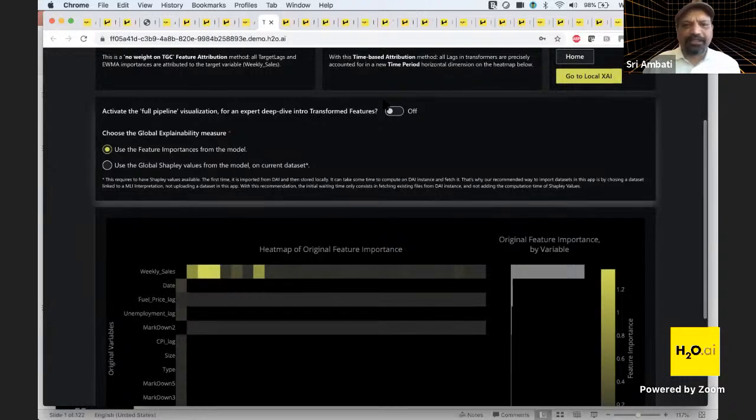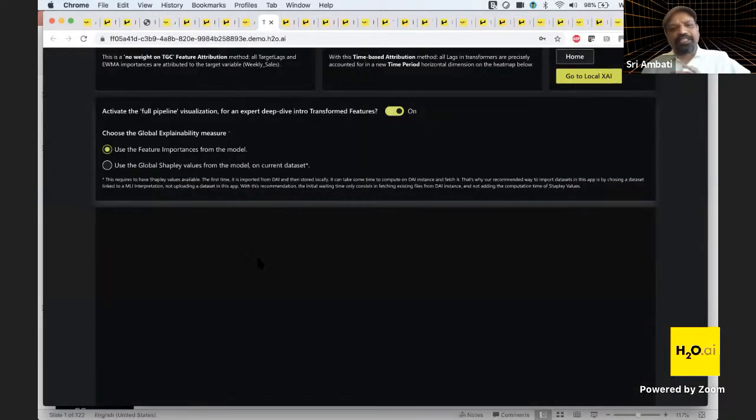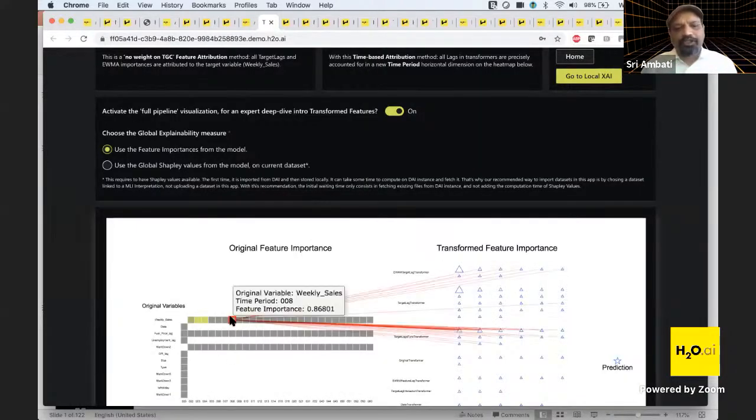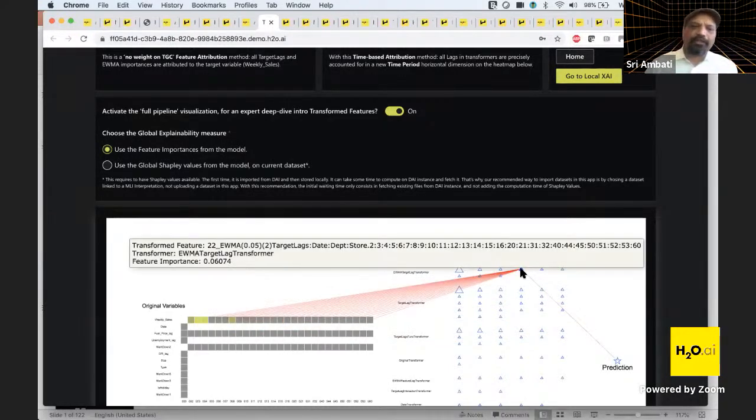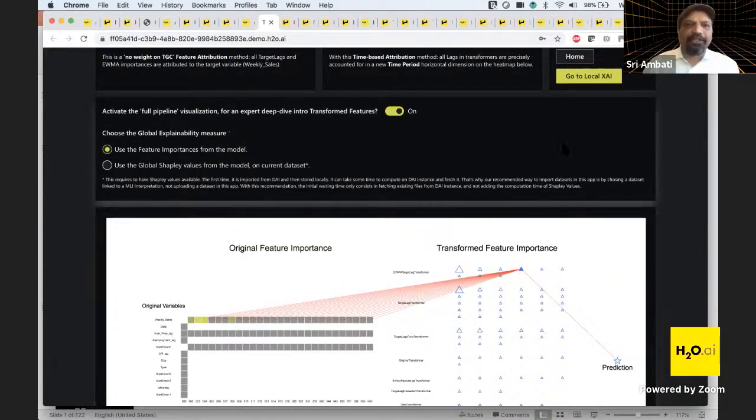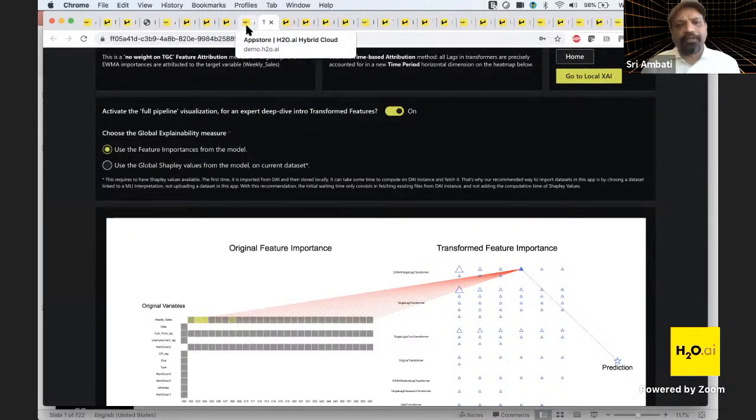How to get the transformed features versus the actual features that you're trying to build. Here you're looking at the exponential weighted moving average, the transformation that is powering a lot of the variables that are important in your data. This is again trying to go beyond Shapley. What do we do beyond the state of the art explainability?